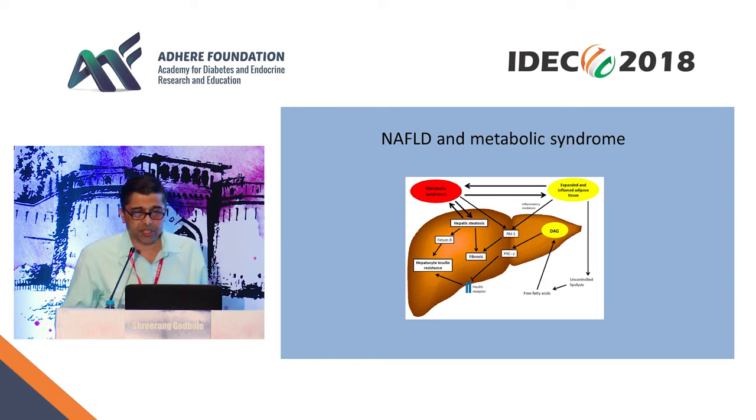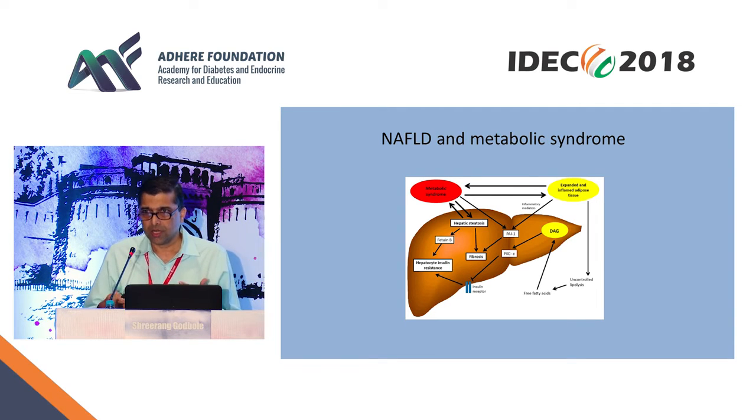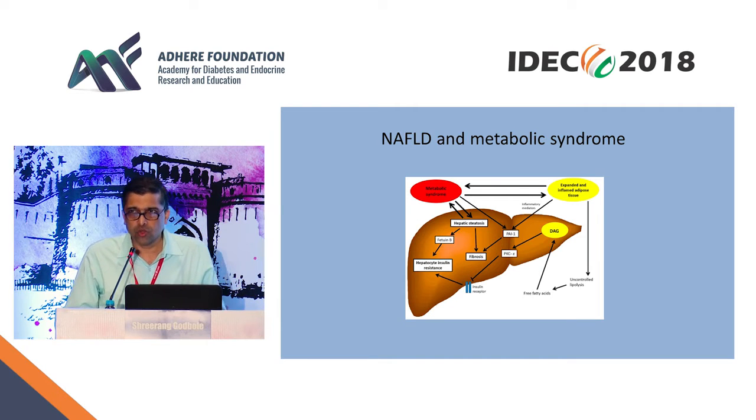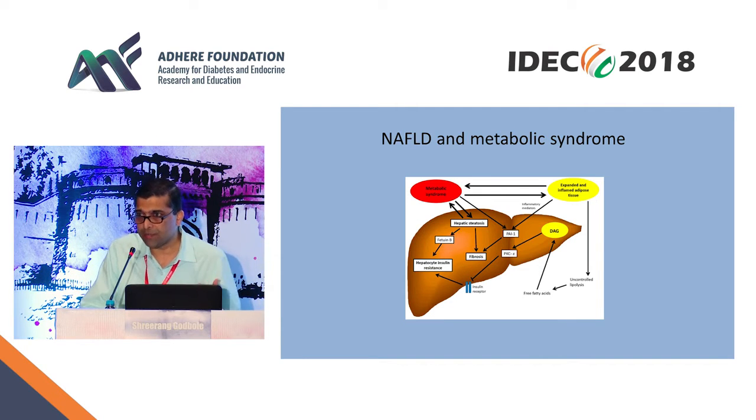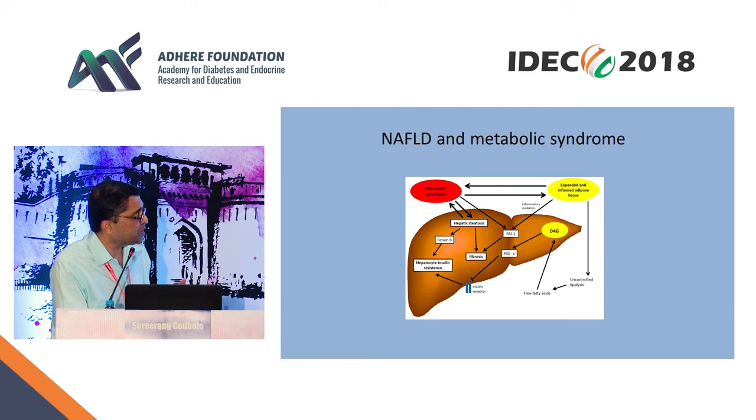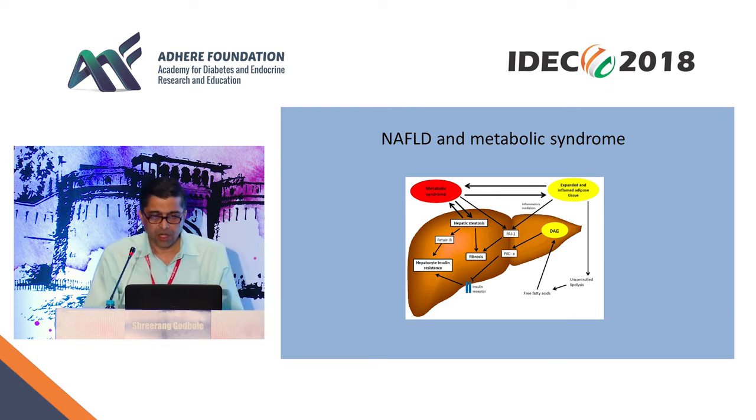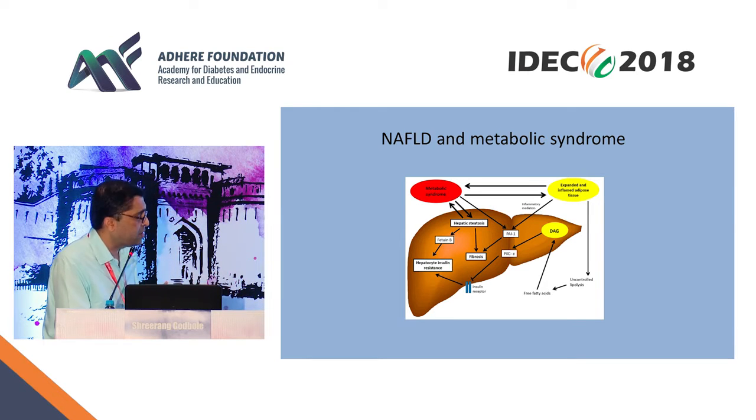Various inflammatory cytokines promote the conversion of so-called harmless steatosis to non-alcoholic steatohepatitis, okay? And there is also increased expression of PAI1, and when you have increased PAI1, it decreases the proteolytic mechanisms, decreases the collagen degradation, and leads to increased fibrosis.